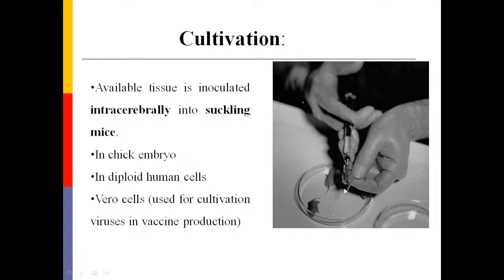You can see suckling mice are newborn mice. We also can cultivate it in chick embryo, in diploid human cells, and in Vero cells. And diploid human cells and Vero cells are used for cultivation of viruses in vaccine production. I will remind you about it once more when we talk about vaccine.